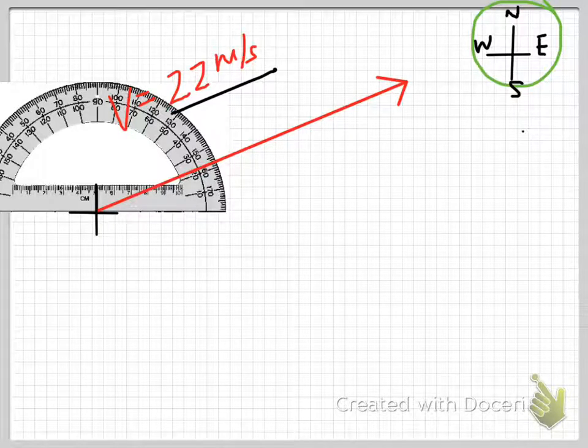So we're going to start off with the cardinal directions. Well, this vector originates right here, and it comes out and crosses the protractor right there. And if we really zoom in, we would say that that's at 22 degrees.